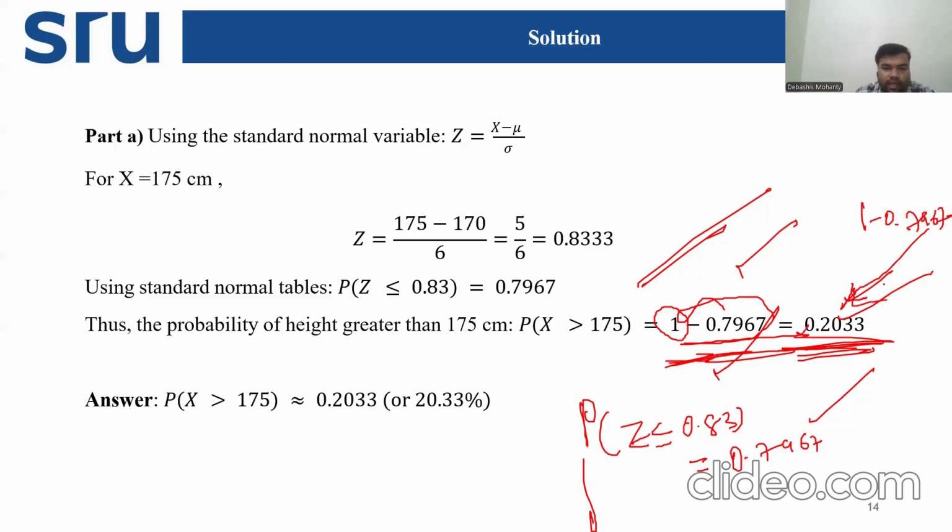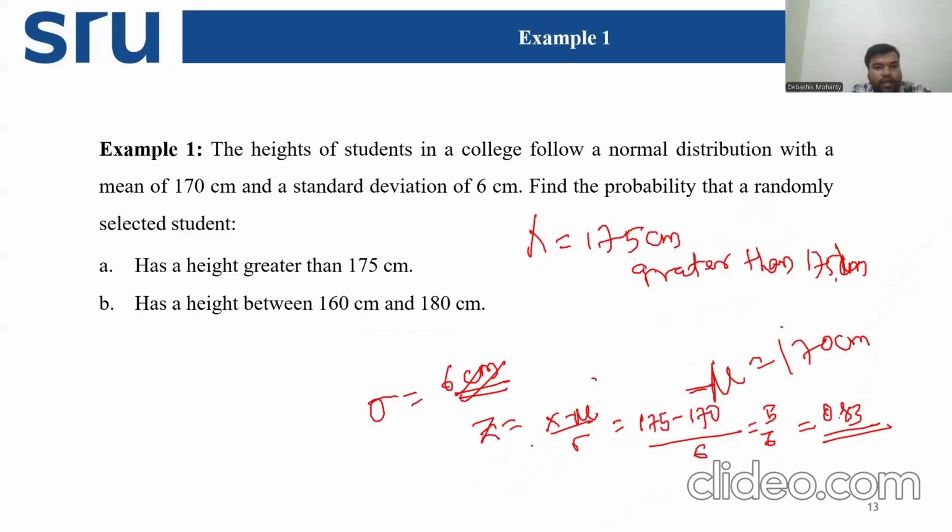We can also write this as 20.33%. Okay, students, understood? So this is the probability of a height greater than 175 centimeters.